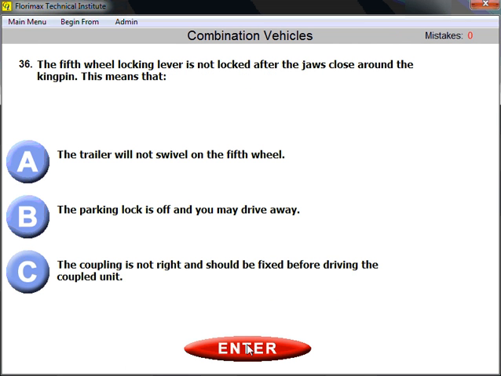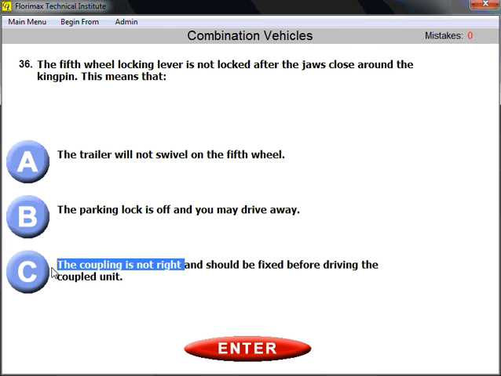Question number 36. The fifth wheel locking lever is not locked after the jaws close around the kingpin. What does this mean? Even if you don't know what the fifth wheel, locking lever or jaws mean, you read that it is not locked. So the coupling is not right.